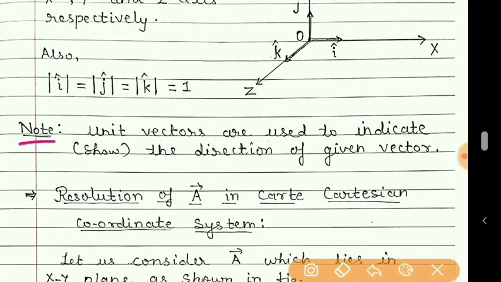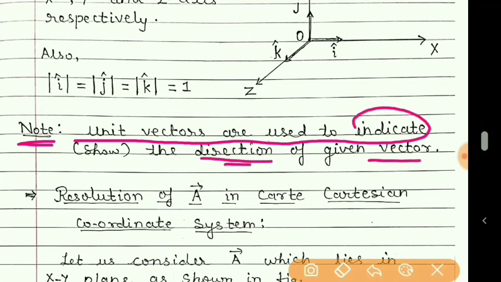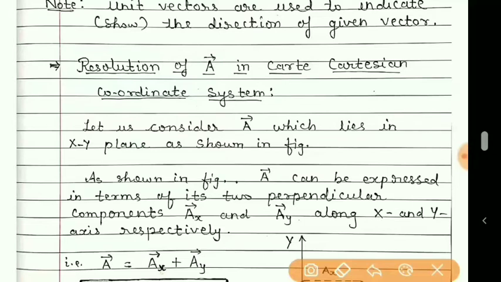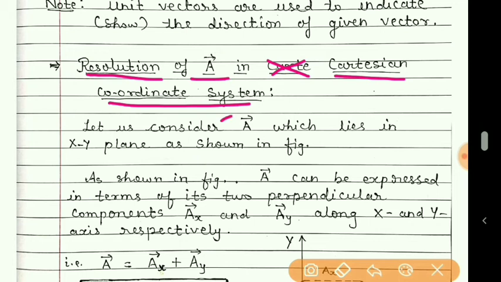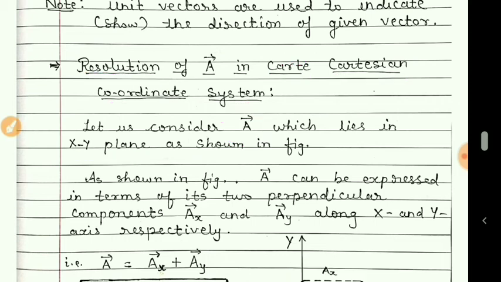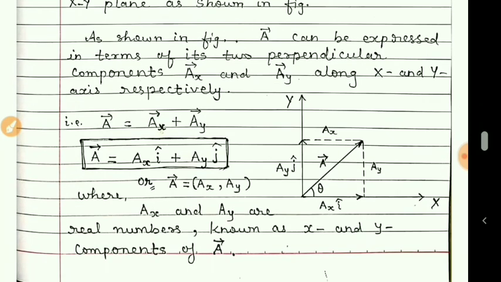This is very important to note that unit vectors are used to indicate the direction of a given vector. Means the work of this unit vector is only to show the direction. Now resolution of vector A in a Cartesian coordinate system. Students, here vector A is shown in the figure, which lies in the xy plane, which forms the Cartesian coordinate system.